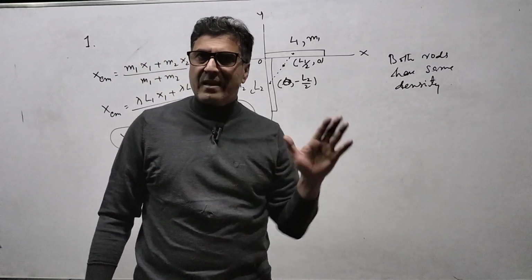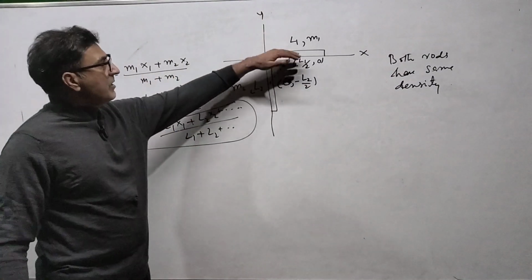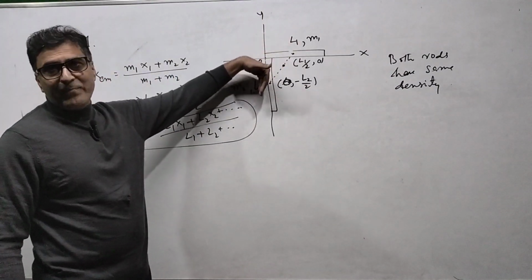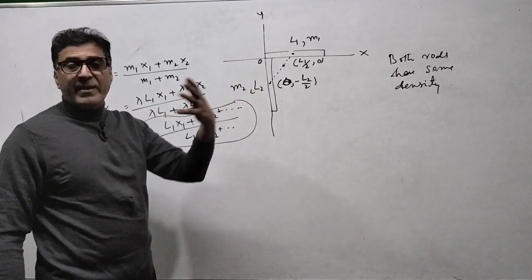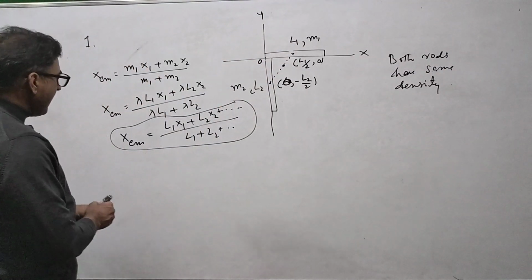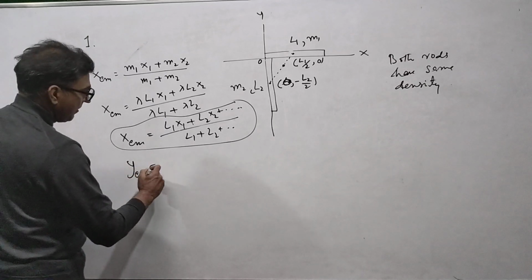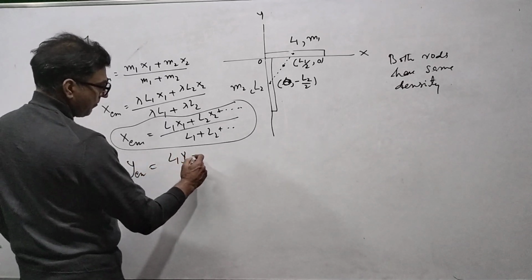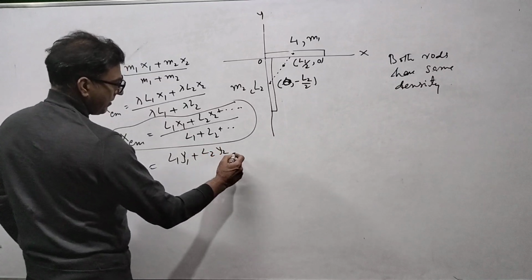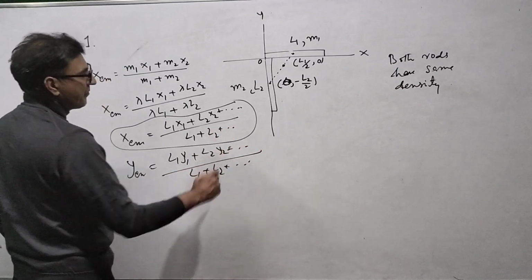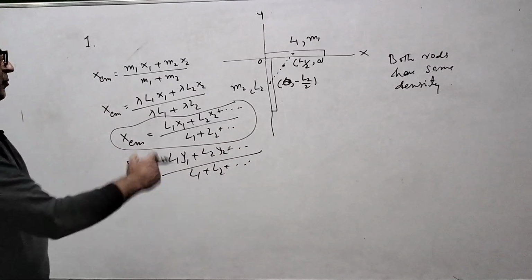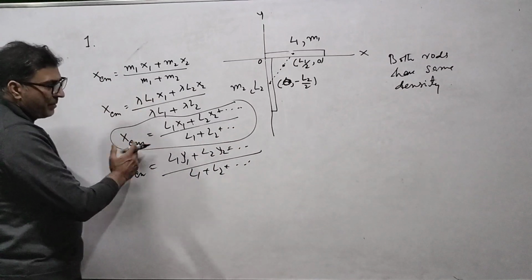So the same formula gets converted, provided these are homogeneous, I mean, they have the same mass per unit length, the different rods being of the same material. So YCM similarly will be L1 y1 plus L2 y2 plus so on, divided by L1 plus L2 plus so on.